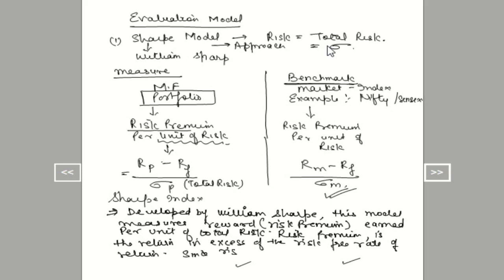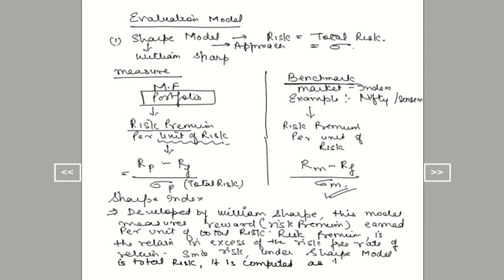Since risk under Sharpe model is total risk, it is computed as the standard deviation of rates of return.